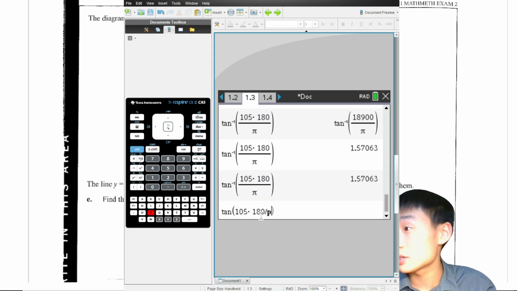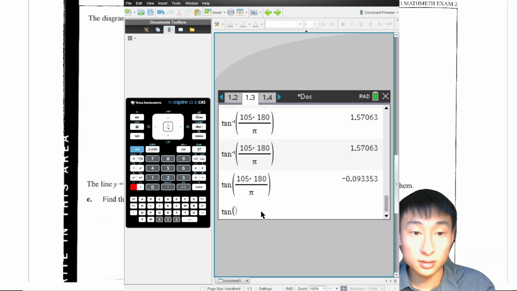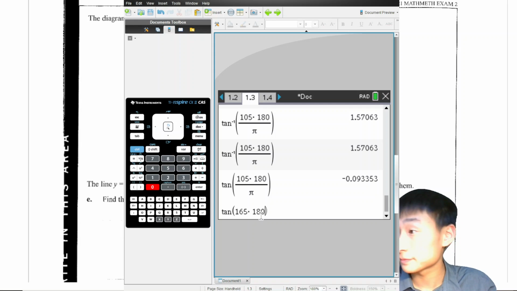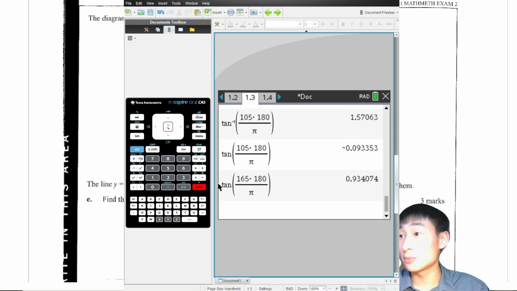Okay, my bad. 105 degrees and 155 degrees, or 65 degrees. That was embarrassing, but those two look better, I think.